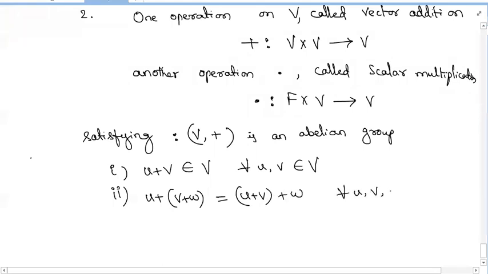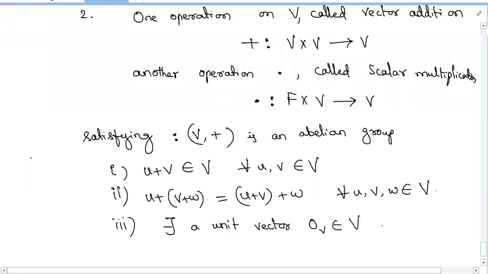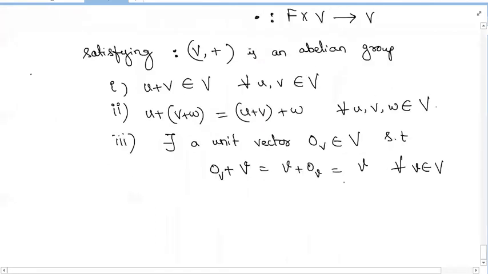And there exists a unique vector 0v in V, such that 0v plus v equals v plus 0v equals v for all v belongs to V. So here 0v we call the zero vector. 0 is the zero element in the field of scalars, but 0v is the zero vector.